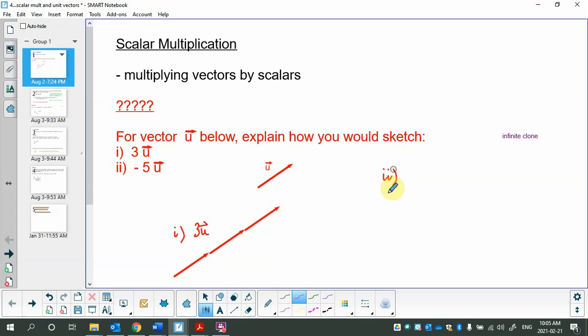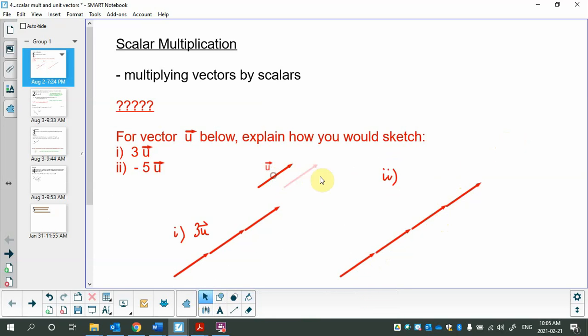Now, I am going to have some difficulty showing you negative 5u, but I'm going to do my best job possible. When I talk about negative 5u, I need to take 5 u's. So 1, 2, 3, put them tip to tail. 4, and my 5th, and that isn't negative 5u.